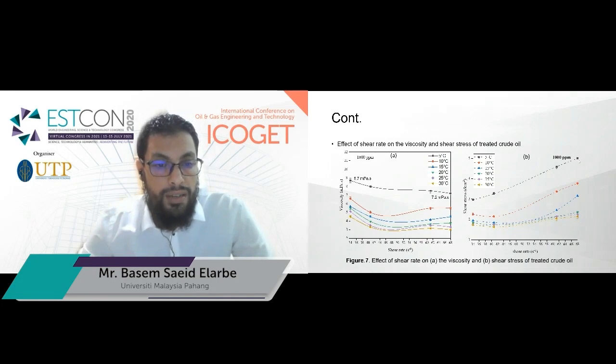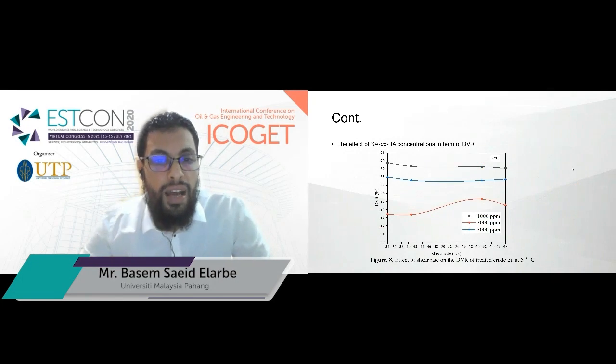We noted that in figure 7a, when the shear rate increases, the viscosity will decrease. But when the shear rate increases, the shear stress will increase dramatically. The highest DVR was around 89.7 at 1000 ppm and 5 Celsius.